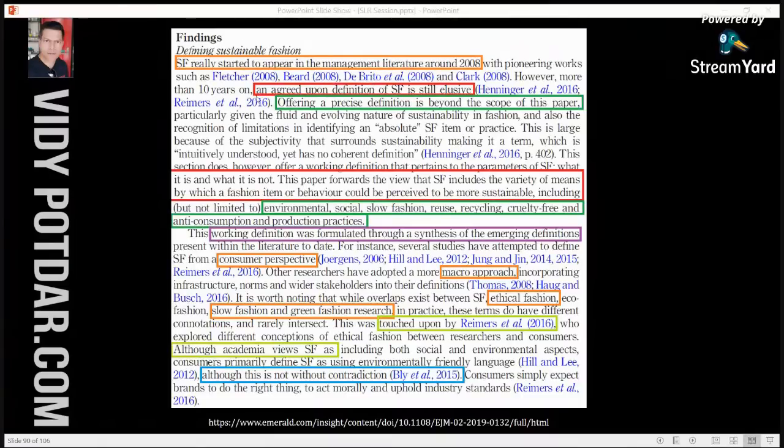However, more than 10 years on, an agreed upon definition of sustainable fashion is still not there, and so on. This paper forwards the view of sustainable fashion that includes the variety of means by which fashion items or behavior could be perceived to be more sustainable, and so on. So they have got some nice explanation and description here of the literature.